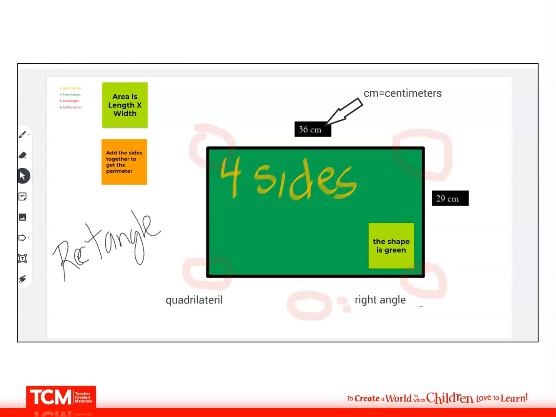So here's the thing, they're not isolated anymore. They are engaged in communicating with their peers, even if it's not happening live and in person. And if you looked at the shape the first time and didn't know anything about it, you looked at it the second time and the third time and looked at what your peers noted. And now I know, oh yeah, there are 4 sides. Oh yes, this is a rectangle or a quadrilateral, etc.